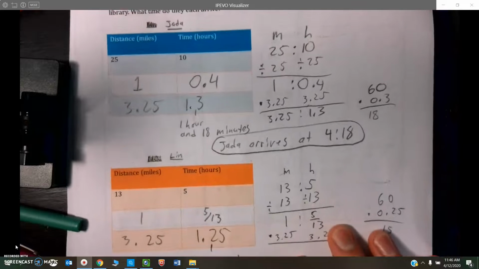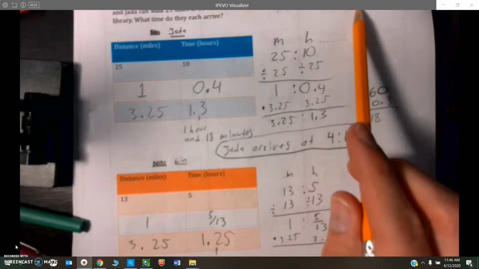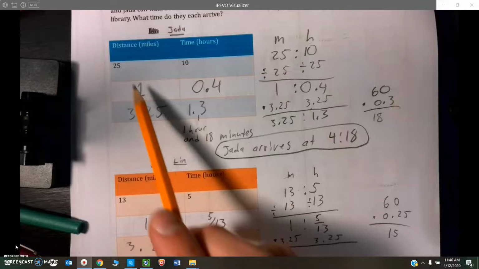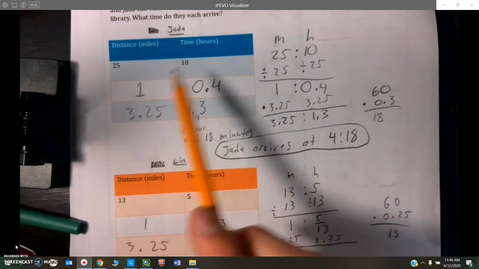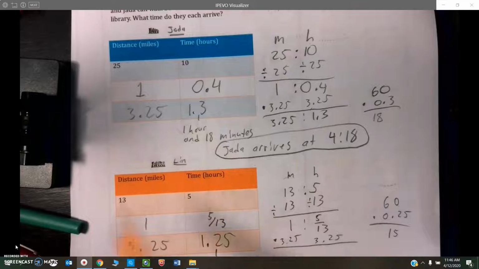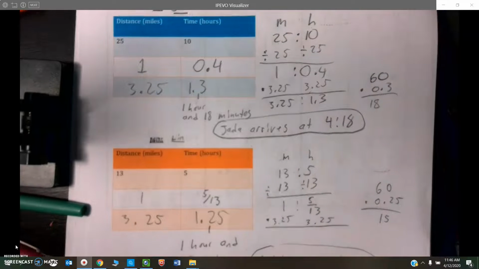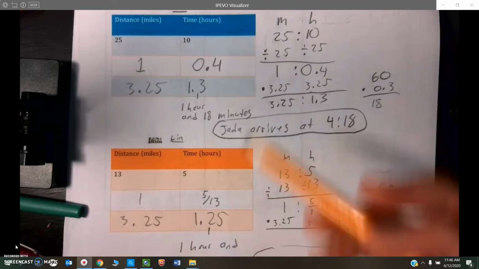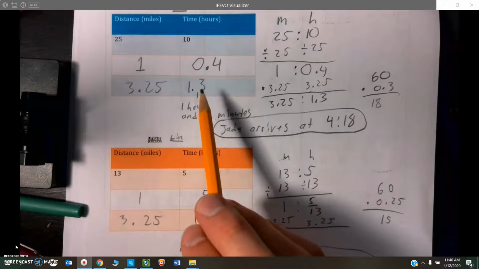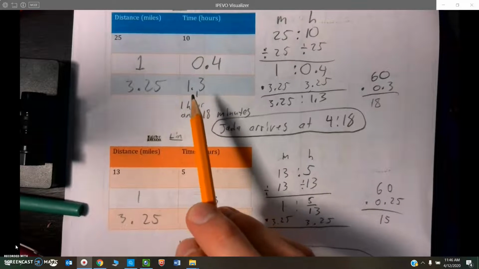So once again, just to recap, you've got our ratio table. We know that they have to walk 3 1/4 miles. So we have to take that initial ratio and turn it into a unit rate, scaling down to scale back up. And it's also important, whenever you're working with a certain unit of measure, like time, you don't want to leave time in decimal form, because that's just not how we talk about time.